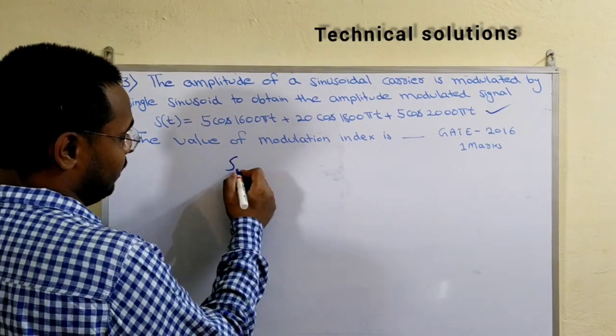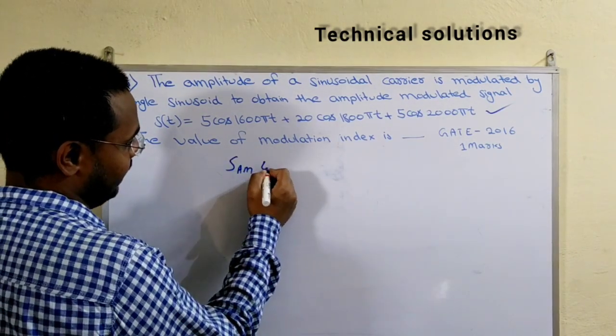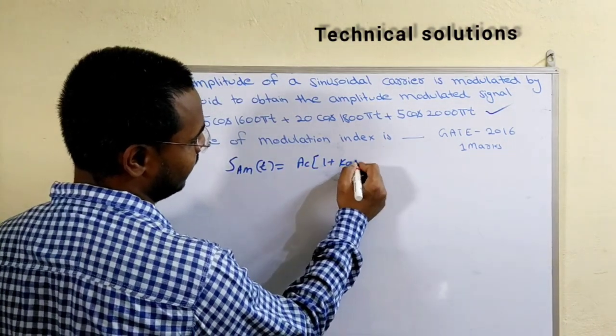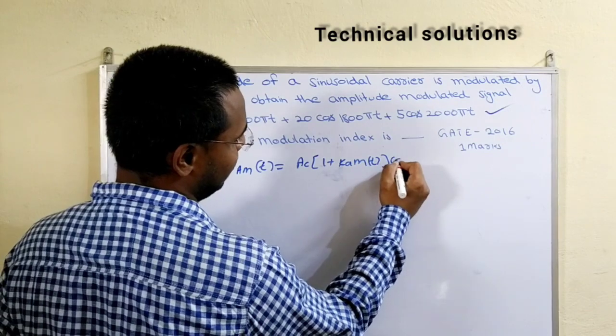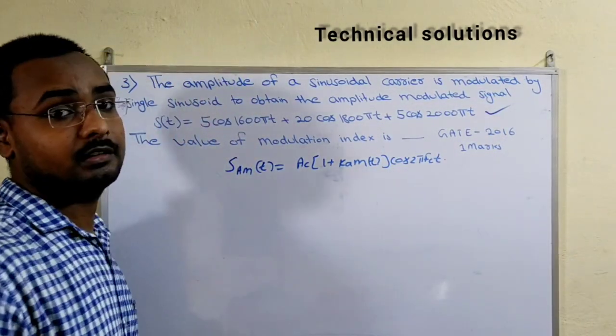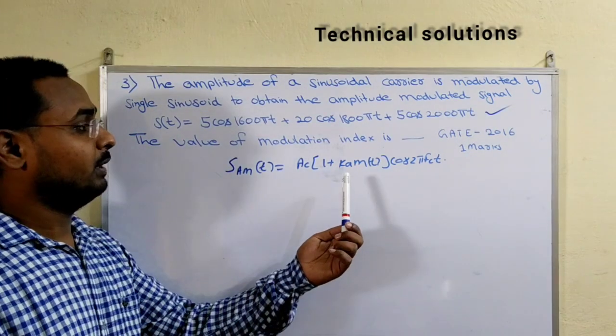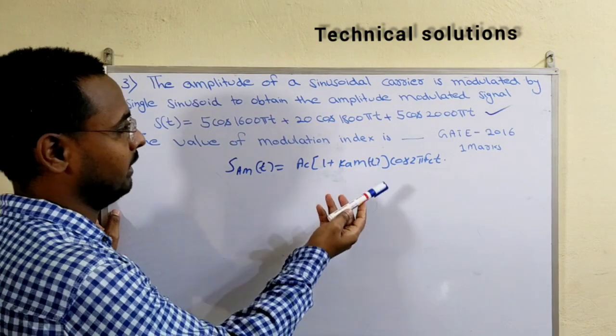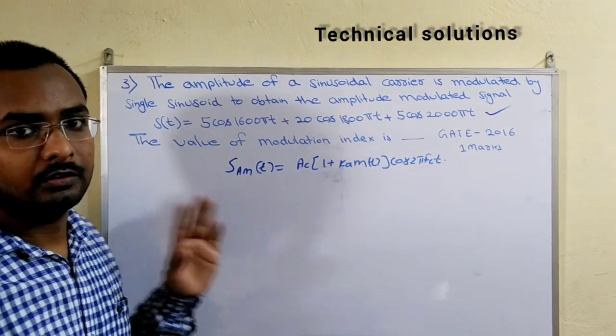The general expression of AM is Ac into 1 plus ka m(t) cos 2 pi fc t. You might say that the general expression of amplitude modulation is this, then how can I calculate the modulation index?